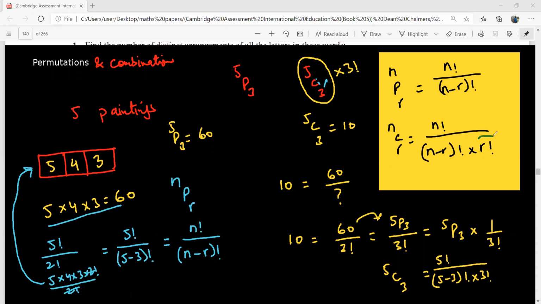We are dividing by r factorial, which means we are going to cancel out the arrangements. So this NCR has only r choices out of n; we cancel out the number of arrangements. Now you keep all this discussion with you, and I'll come back to these formulas.